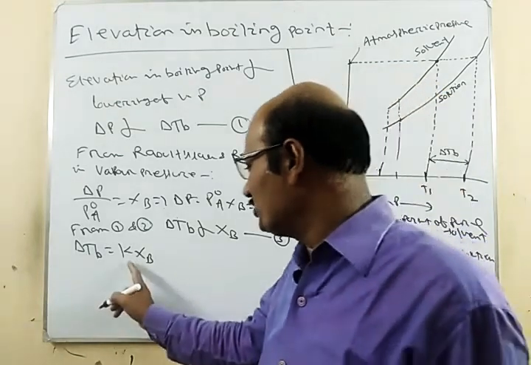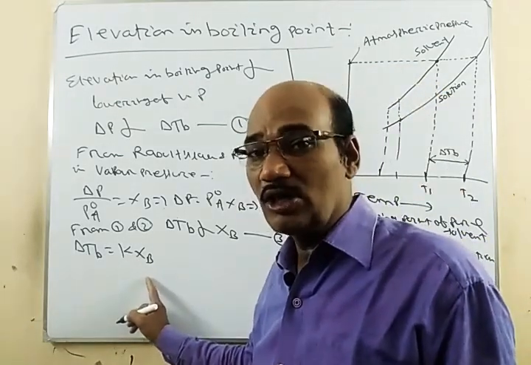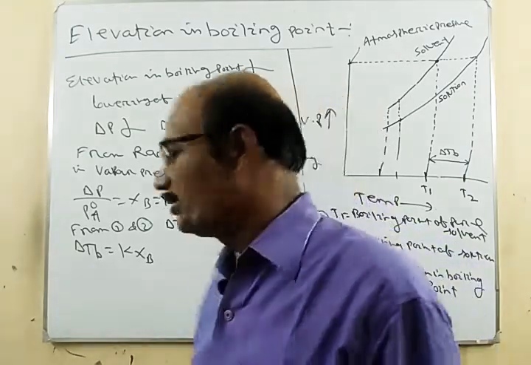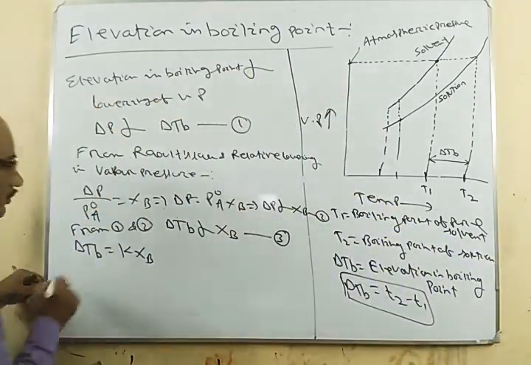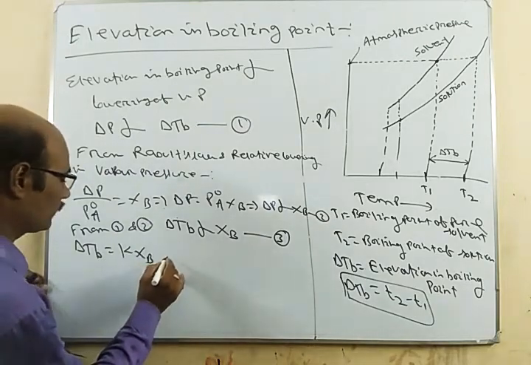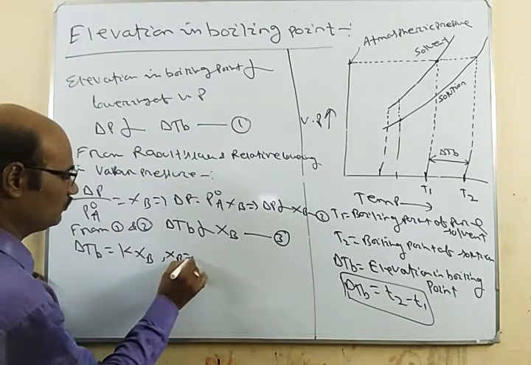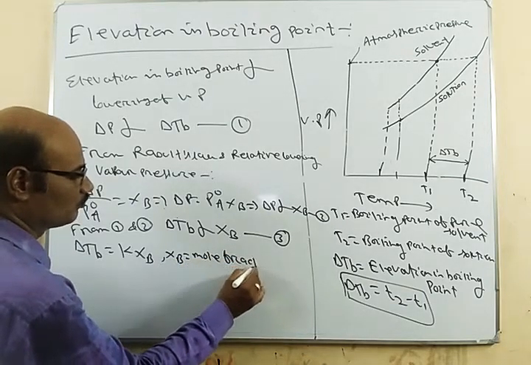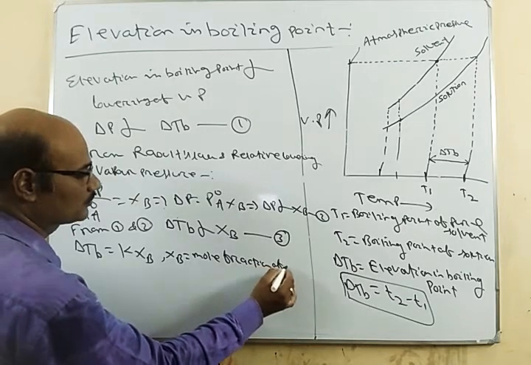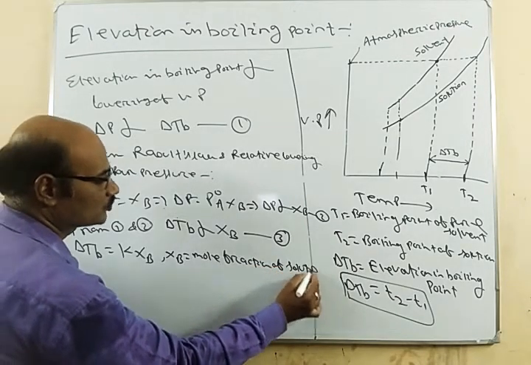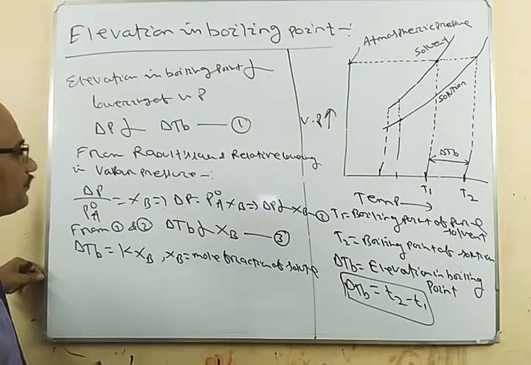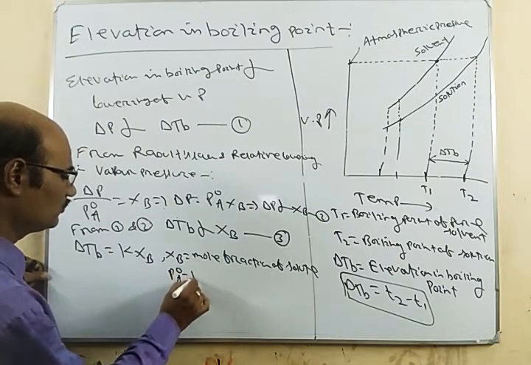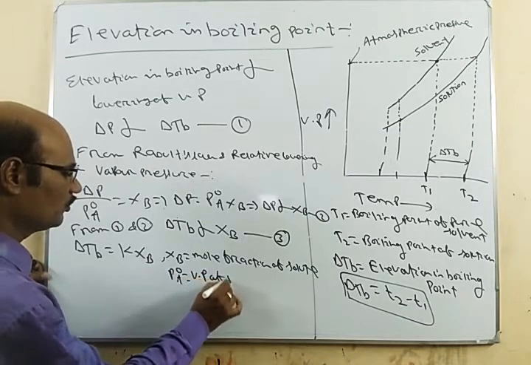But XB is the mole fraction of the solute, and PA0 is the vapor pressure of pure solvent.